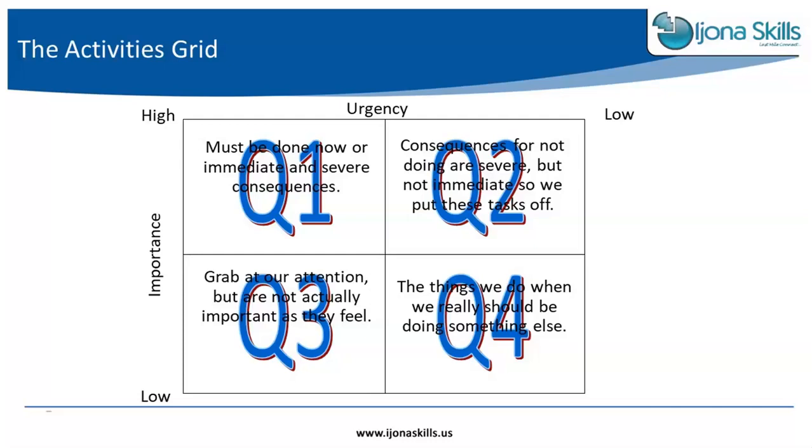We want to be spending the overwhelming majority of our time in quadrant 2. Work on those things that are important but not necessarily urgent as much as possible. And this is how we improve both our efficiency and our effectiveness.